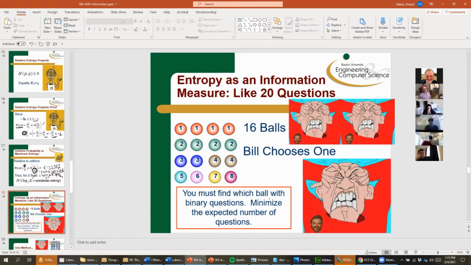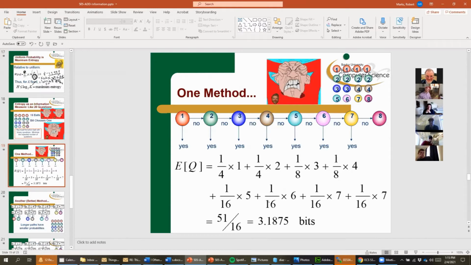Here's one technique that, first of all, sounds like it might be good. We choose up here, we choose the ball which has the most. So we say, is it ball number 1? Well, if it is, we're done. So you have one quarter of a chance of getting this right, correct? If it's no, you say, well, is it ball number 2? And if that's right, you get it right.